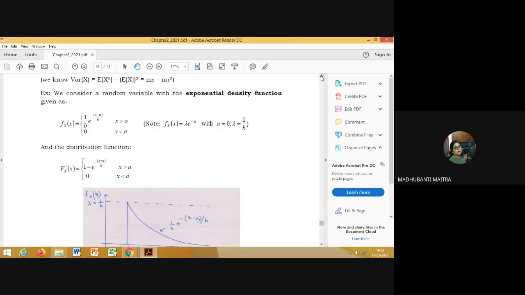For the timing, just compute the mean, that is the first moment about the origin. And computation of variance will be your home assignment.